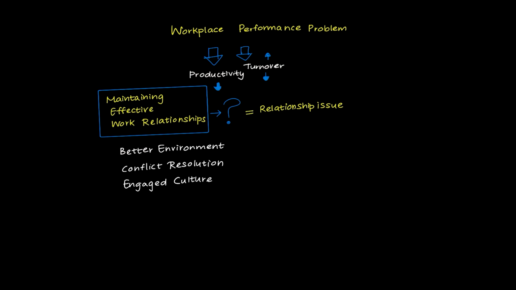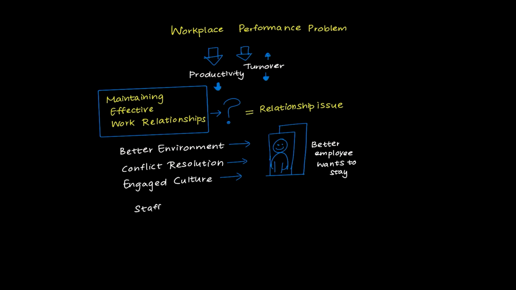This function directly tackles retention by improving the workplace environment, addressing conflicts, and building a culture that keeps people engaged. Staffing is about getting new people in the door. Enhancing human potential is about training them. Globalising HRM is about international policy. But when people are leaving and performance is dropping, the issue is the relationship between employees and the organisation itself.